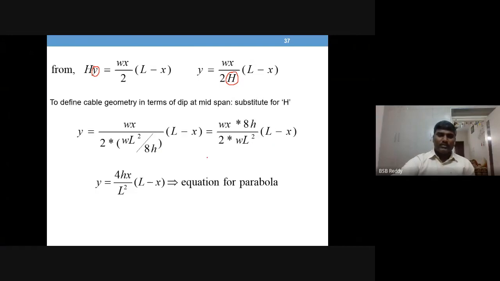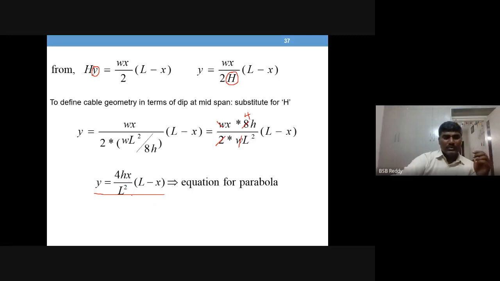Okay. So W goes here, L square remains, 2 fours. So 4 times Hx by L square into L minus x. So what is this equation? We have seen this equation earlier also.